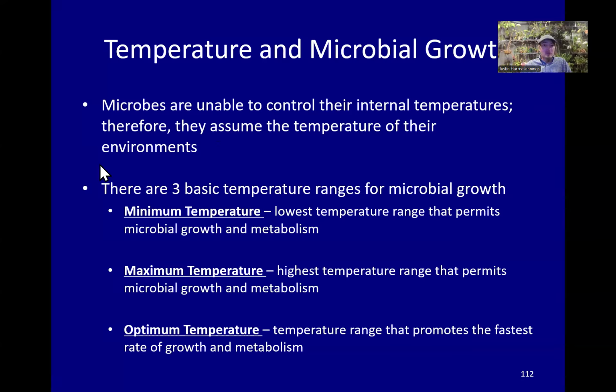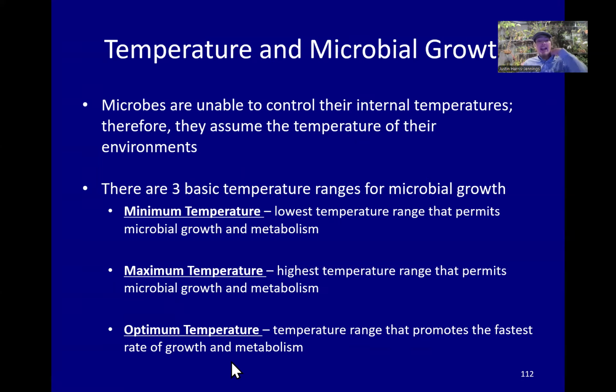Anyway, temperature is something that's really important with growth, and it changes how fast these bacteria can grow. Bacteria have a continuum where they can tolerate a wide range of temperatures and grow within them. But there is an optimal temperature where it grows the best.